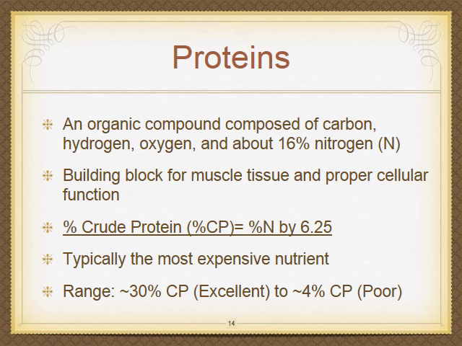Now, in order to obtain a protein value from plant material, there's a chemical analysis by which the percent nitrogen can be obtained through a laboratory procedure. You get the percent nitrogen and you multiply that by 6.25 and you ultimately get the percent crude protein.